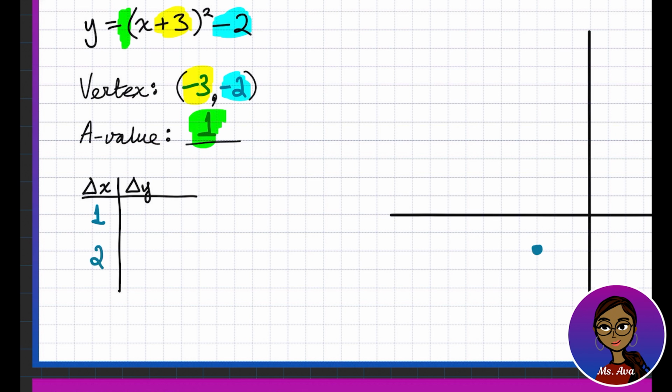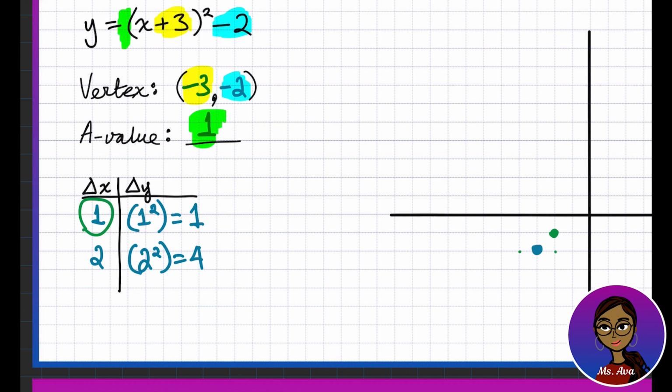So the way that you do this is you take the 1 and then you square it. So 1 squared, and the answer is 1. And then for this one, it's going to be 2 squared, and the answer is 4. So what that means is that when we go 1 unit to the right and to the left of the vertex, we have to go 1 unit up to get to the point.